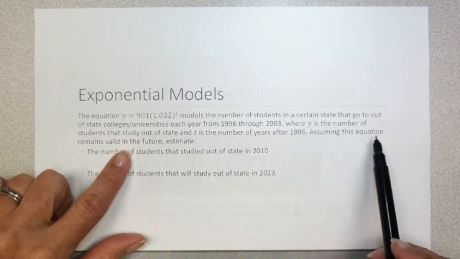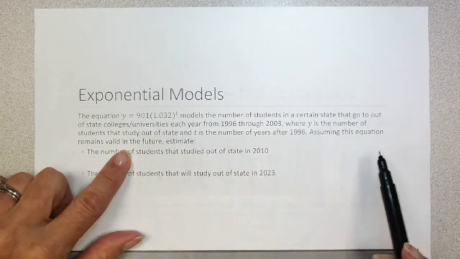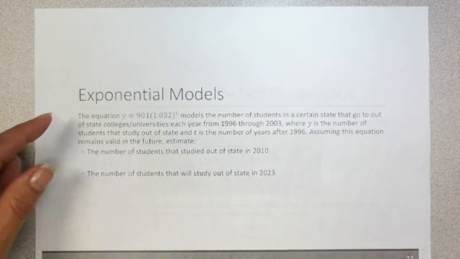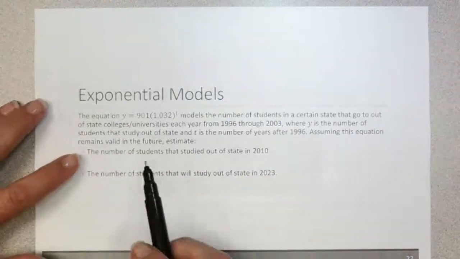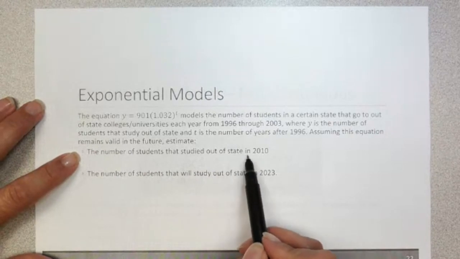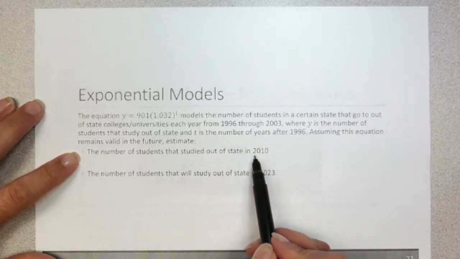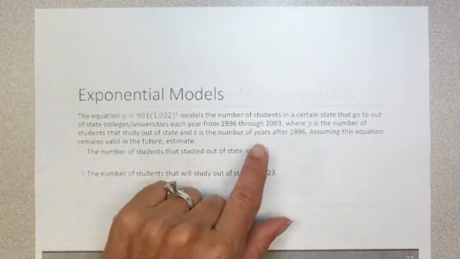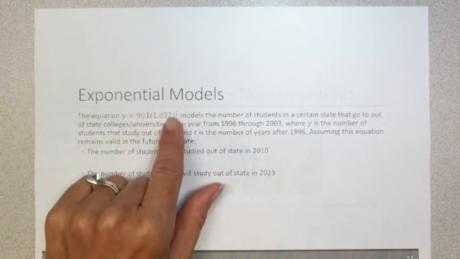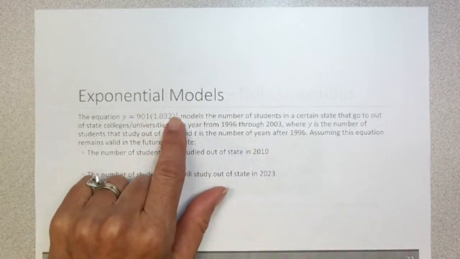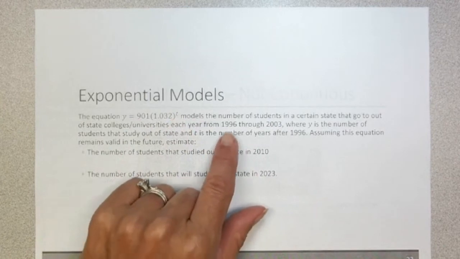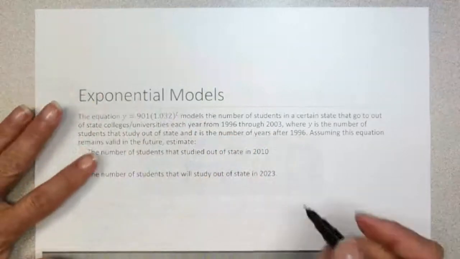If we can assume this model remains true, then can we use it to estimate the number of students that studied out of state in the year 2010? Yeah, I think we can, right? This model applies. The t in this model represents the number of years since 1996.